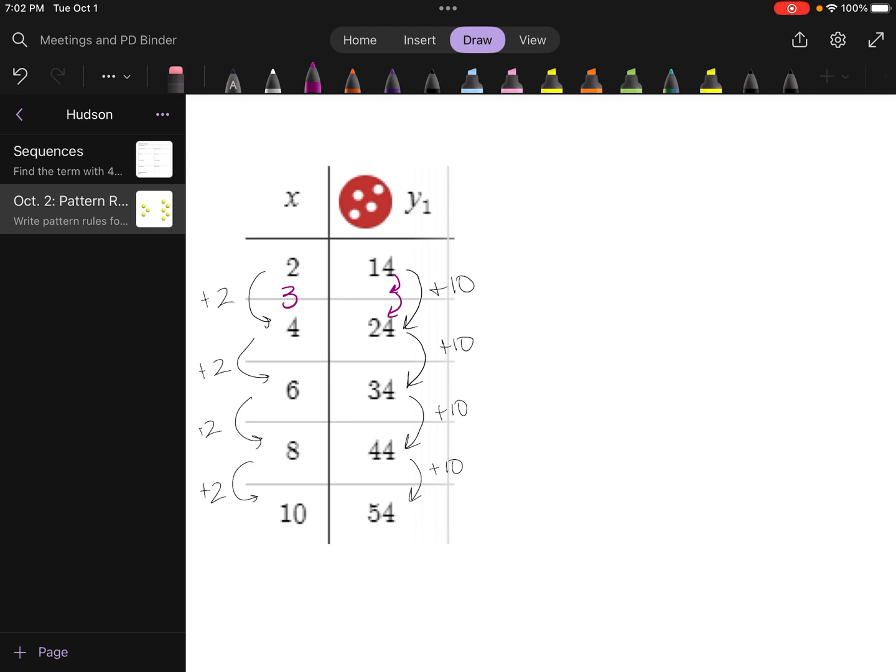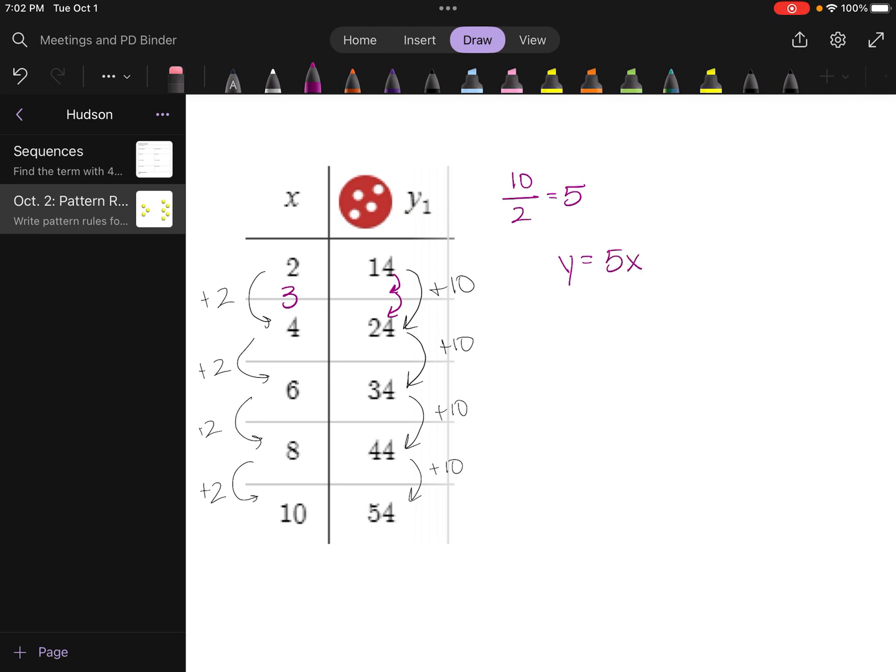To do that, I can take the value on my right, so that 10, and divide it by 2. In this case, that's going to give me 5. So now I can say that my rule starts out like y is equal to 5x.